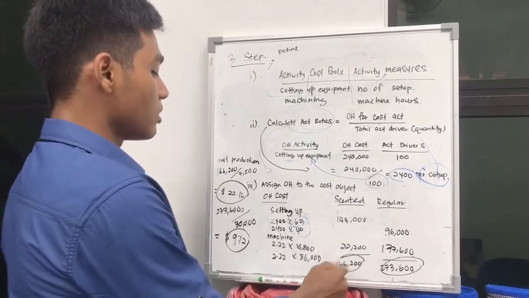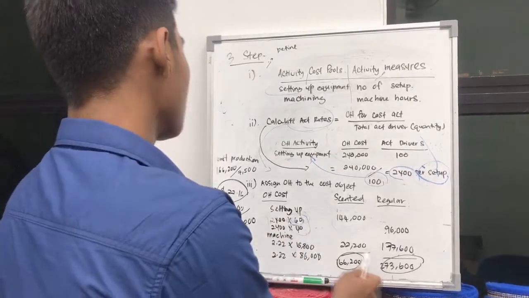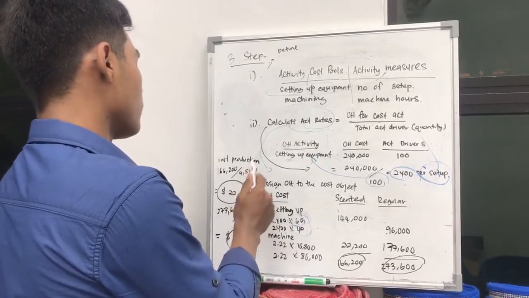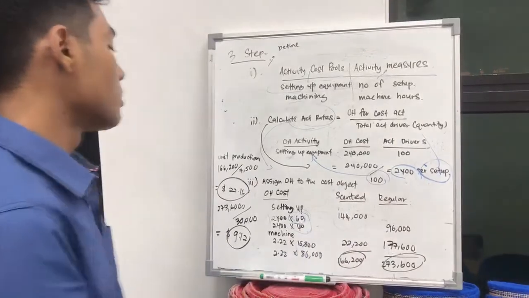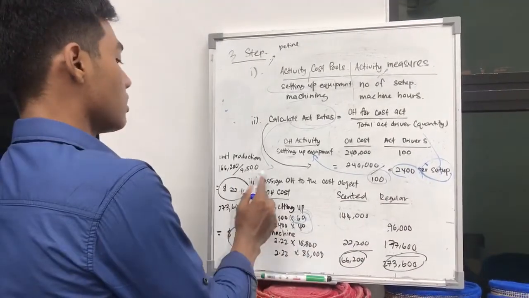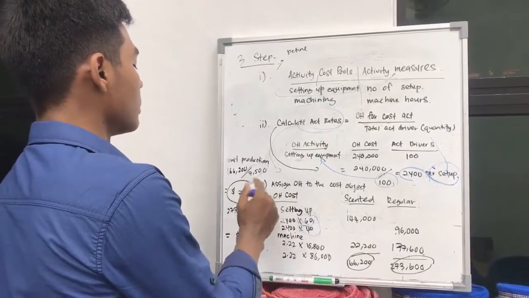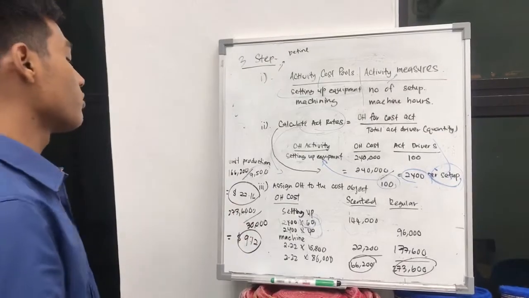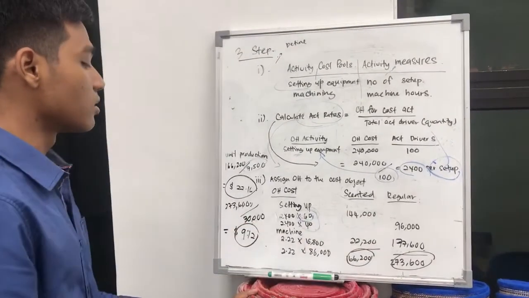After you get the total of activity, which is the manufacturing cost, you need to divide by the unit production of each department. For example, this department is given by the question as 7,500, and this department 30,000.